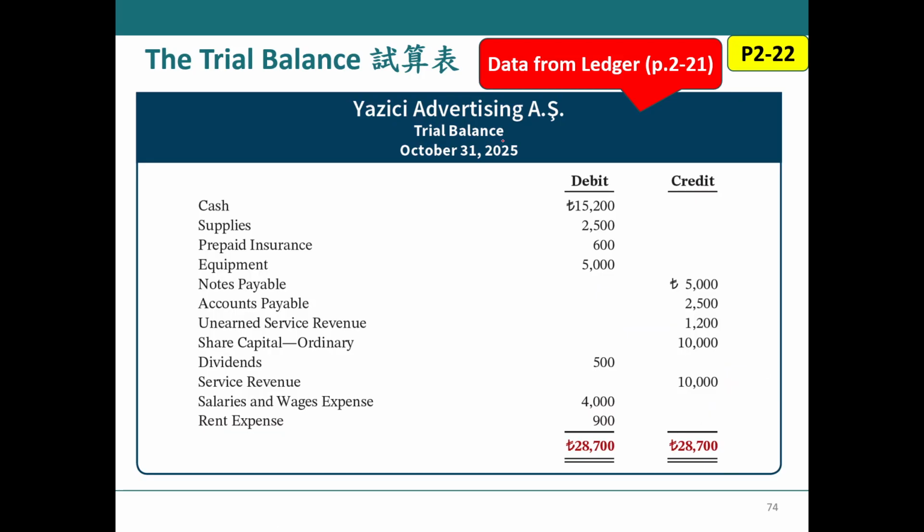Did you find out? For trial balance and financial statements, we put a dollar sign on the first item and the totals. And a single line means all the numbers above the single line, we do our calculations.